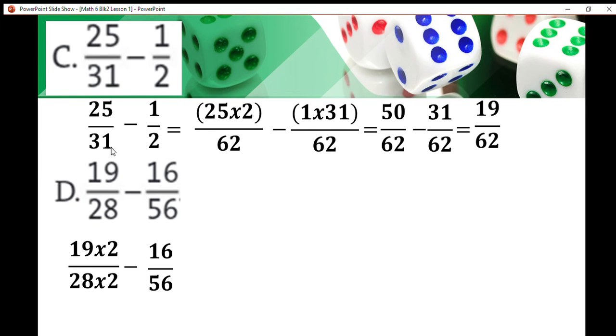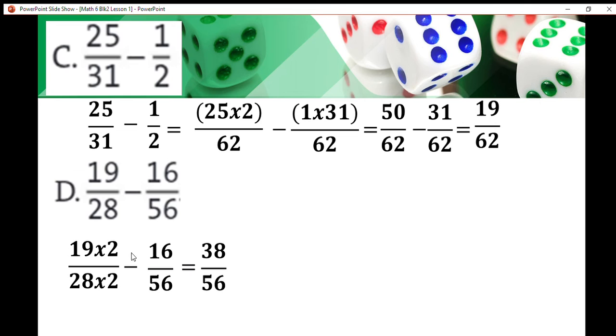So in letter D, as you can see, if you multiply 28 by 2, you will get 56. So we will multiply our numerator and denominator by 2 to make our denominators the same.